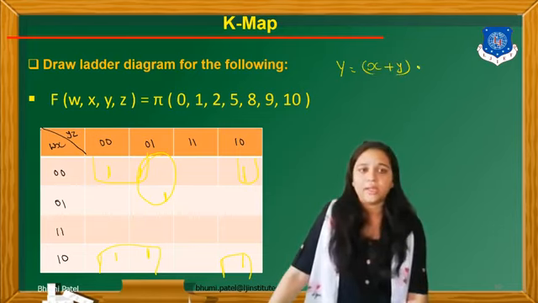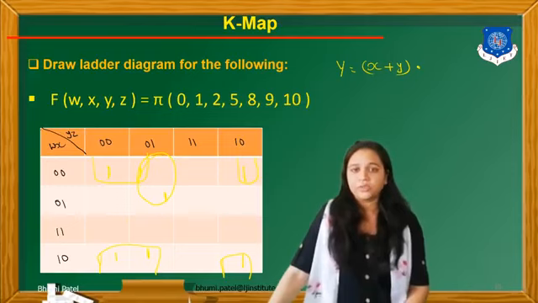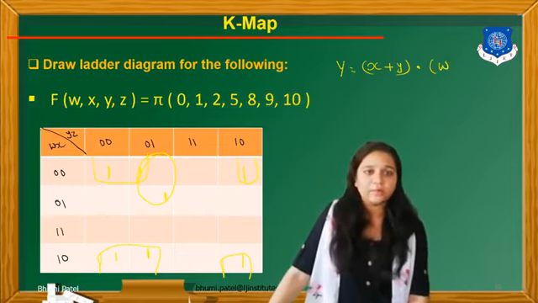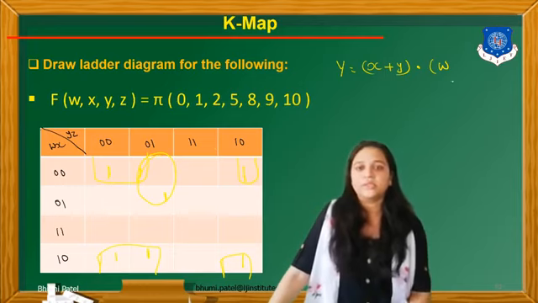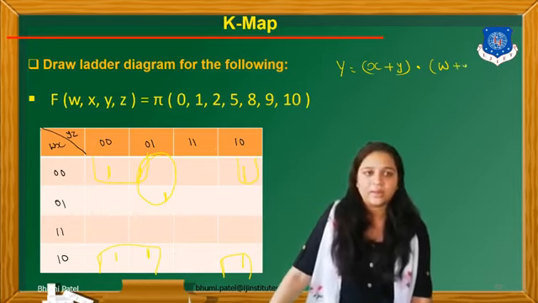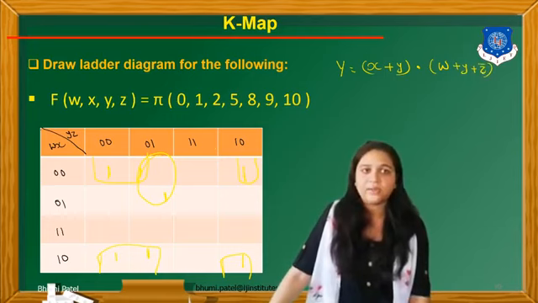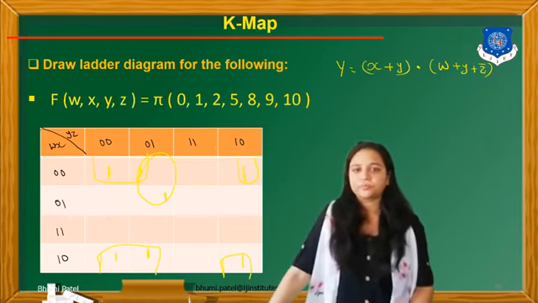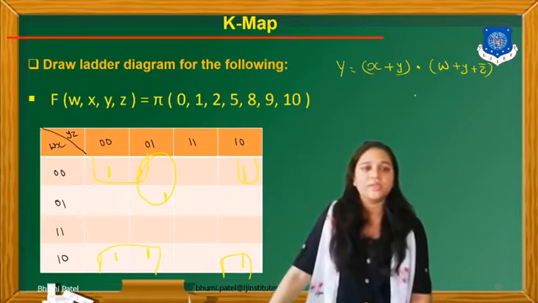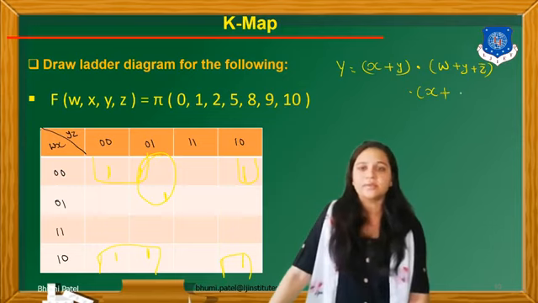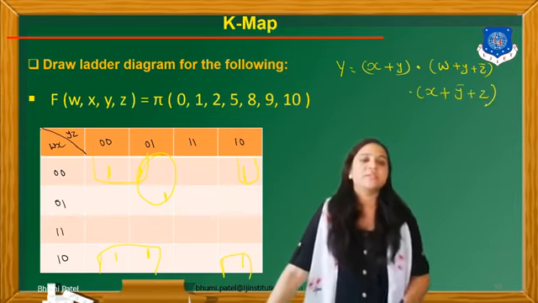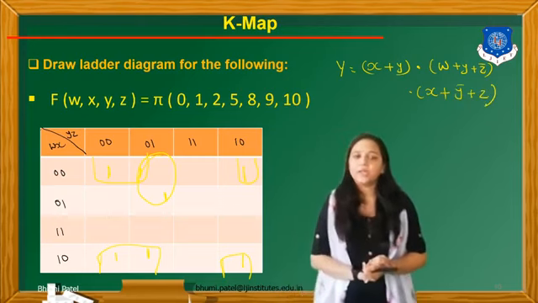Okay, then into this for 2, 1, 0 is common and 0 for omega, and for this plus y plus z complement. Okay, and for this 2, 1, 0 is common and 0 for x, so x plus y complement plus z. So this is my equation for this particular K-map.